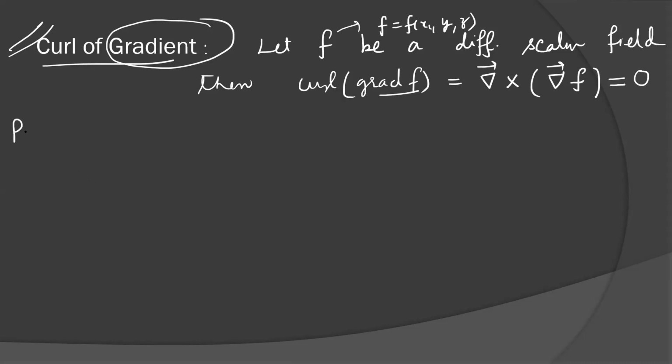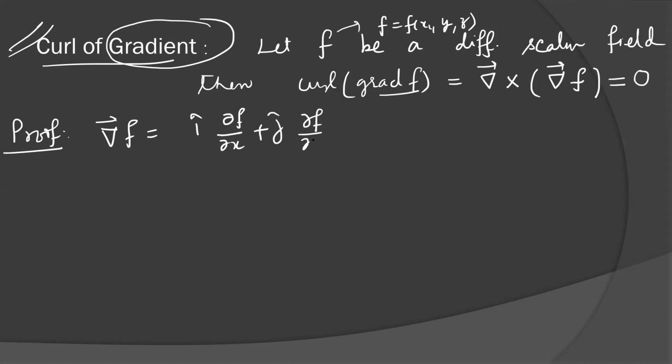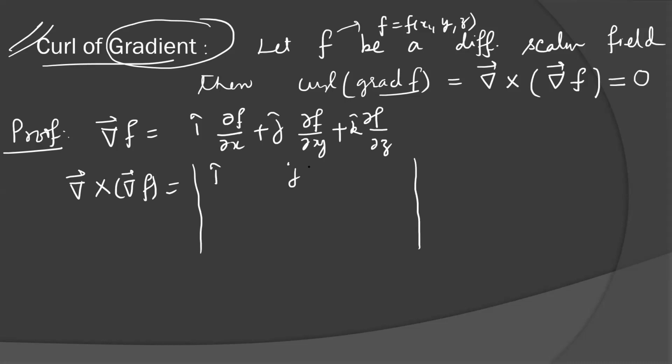Can we prove this? This is a very important proof. We can prove it. Grad f is defined as i del f by del x plus j del f by del y plus k del f by del z; you can see my 32nd lecture. Now if you take del cross del f, for the cross product you have to define a determinant i, j, k. Del is del by del x, del by del y, del by del z.